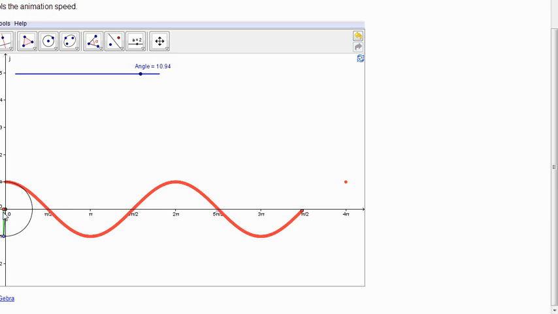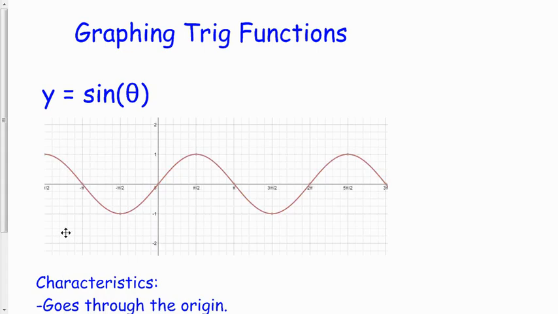All it's doing is recording the x value as you move this point around the unit circle. Let's take a peek at these graphs. Here's an example of the sine wave. It starts at the origin.